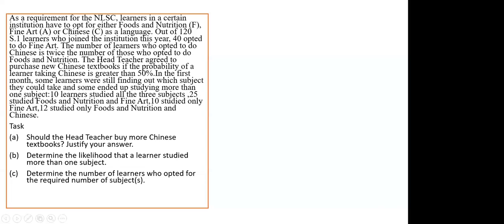So when you look at the item, and as you are reading through, first read through the item.